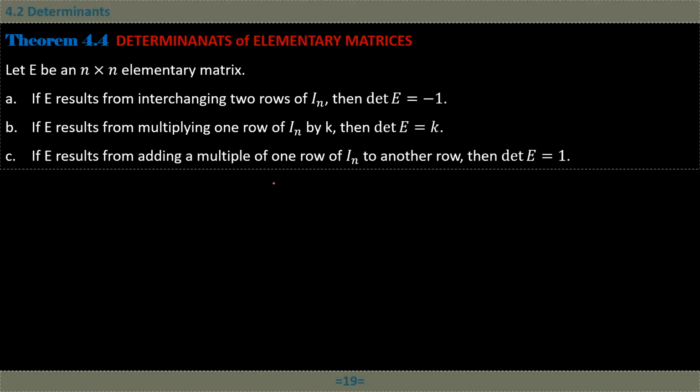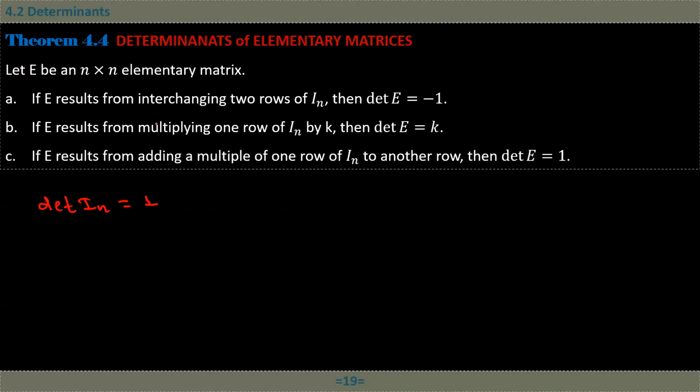But first we should know that the determinant of I_n is equal to 1, because the identity matrix has all the entries in the main diagonal equal to 1, and the rest of the elements are 0. Since it's an upper triangular or lower triangular matrix, its determinant equals the product of the entries in the main diagonal, which is 1.